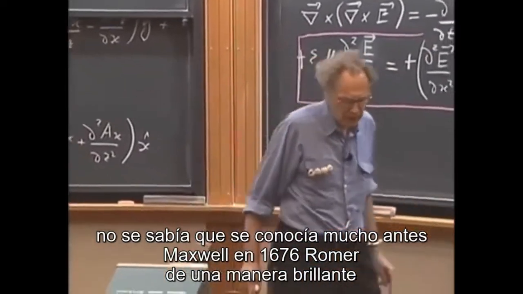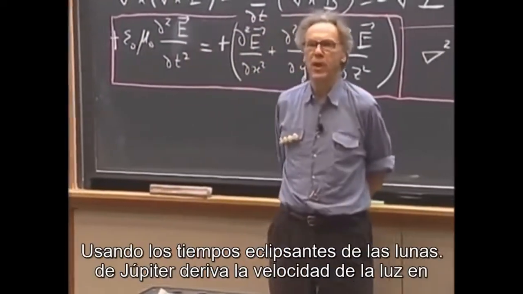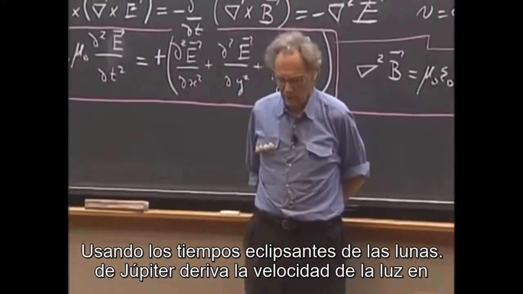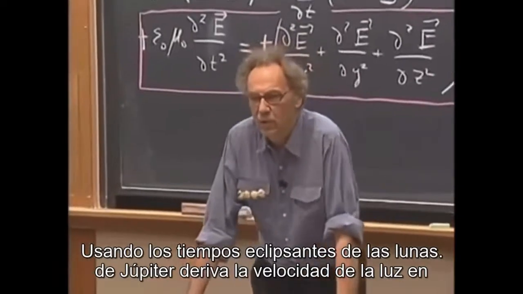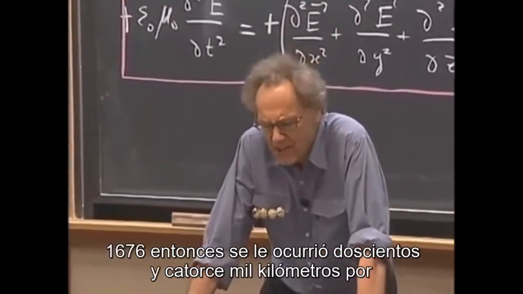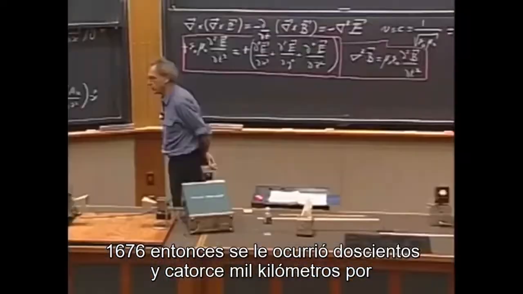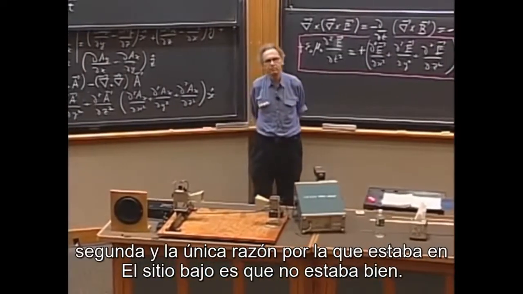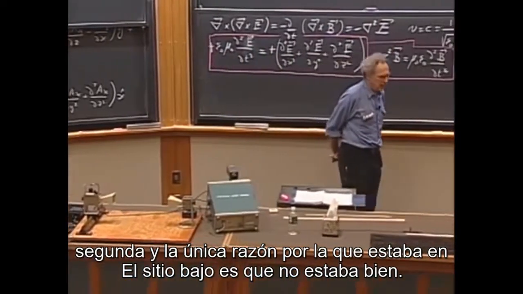Maxwell knew the speed of light. It was known way before Maxwell. In 1676, Romer, in a brilliant way, using the eclipsing times of the moons of Jupiter, derived the speed of light. And he came up with 214,000 kilometers per second.